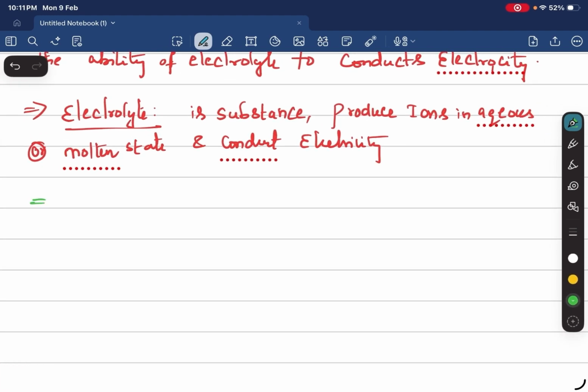So based on the dissociation or degree of dissociation, or alpha value, we can segregate electrolytes into two types: strong electrolytes and weak electrolytes.